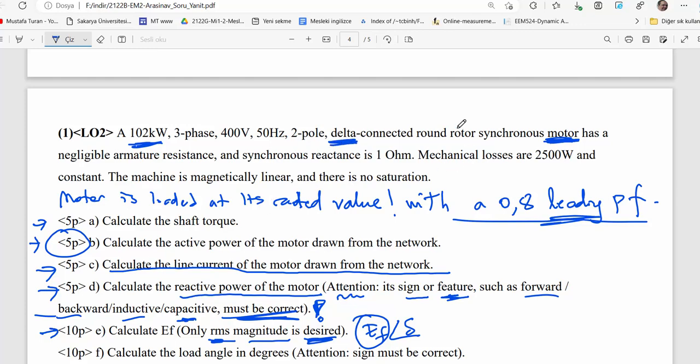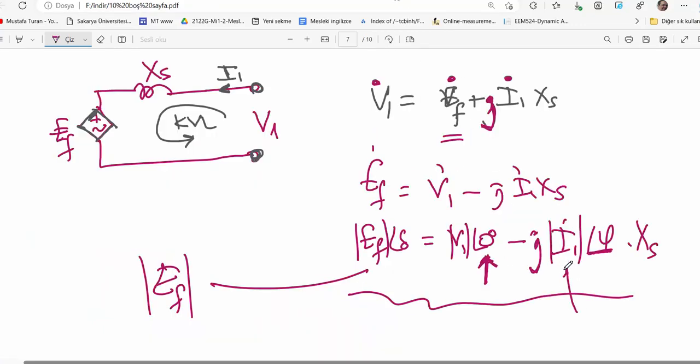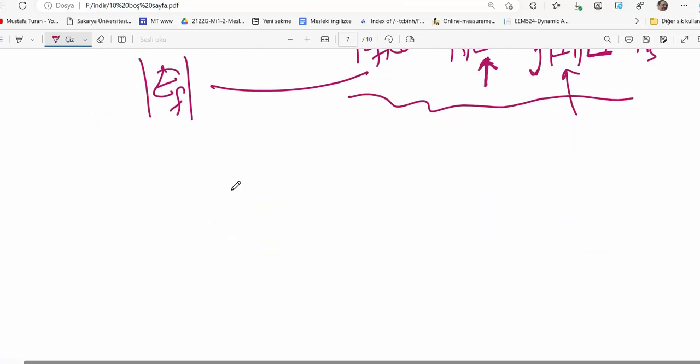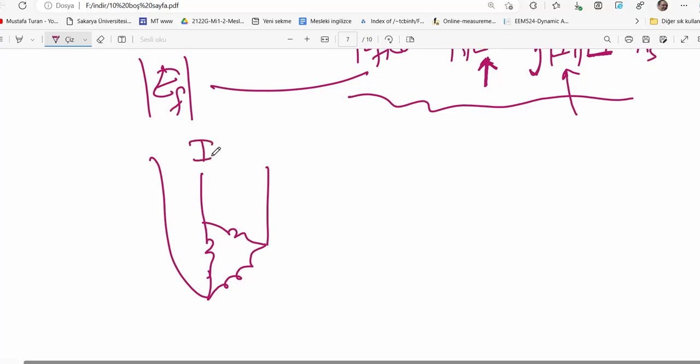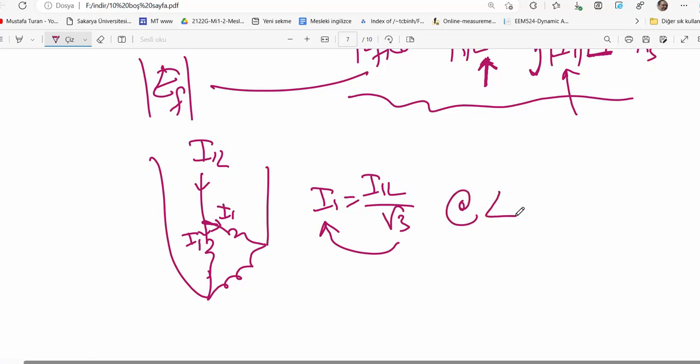The machine is connected in delta, so the current here is the winding current. Let's say here's a delta winding. Here is a line current, I1 line, and here are the single phase currents. Single phase current is smaller, so I1 line over root 3 is the winding current, valid for delta connection.